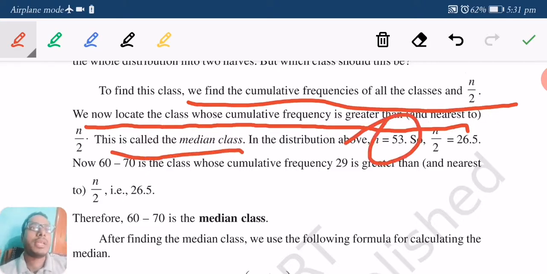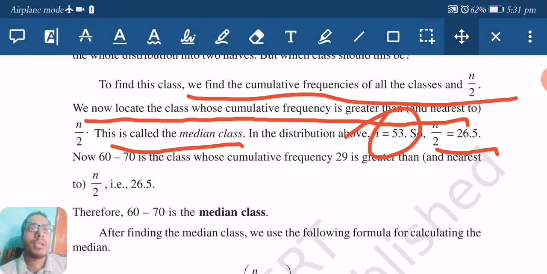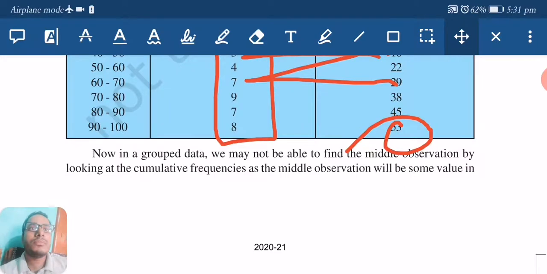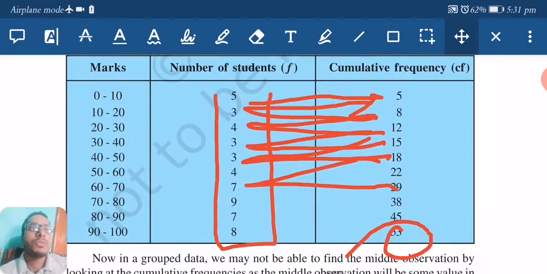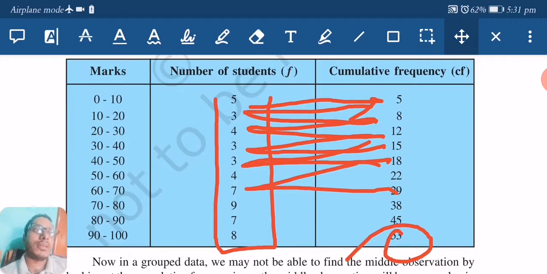So n is equal to 53, so 53 by 2 will be 26.5. Now we'll go back to the previous table where we have created a frequency distribution. So see here, what was the value? 26.5. So check where exactly 26.5 will fall, nearby.